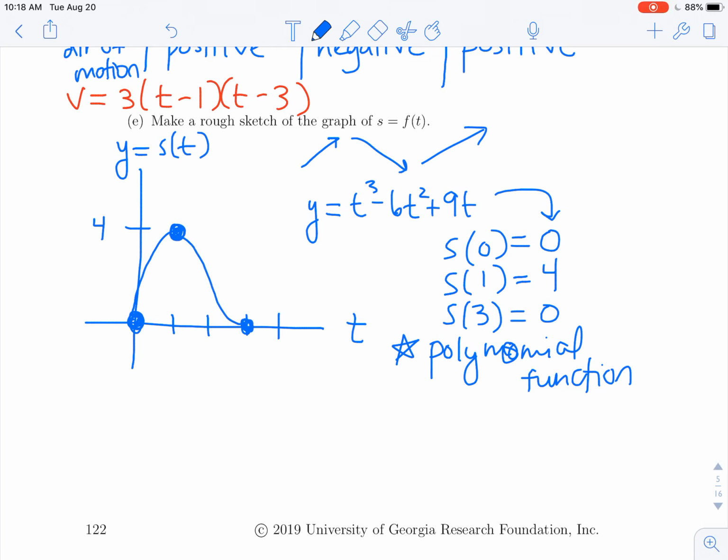And then the particle moves in the positive direction again forever, and we know it's a polynomial, so it has to go up like this. So there's a very rough sketch of the graph of s equals f of t. Again, particle motion that is in the positive direction translates to moving up when you're looking at the graph. So the particle, its graph goes up, down, up, because the motion is positive, then negative, then positive.